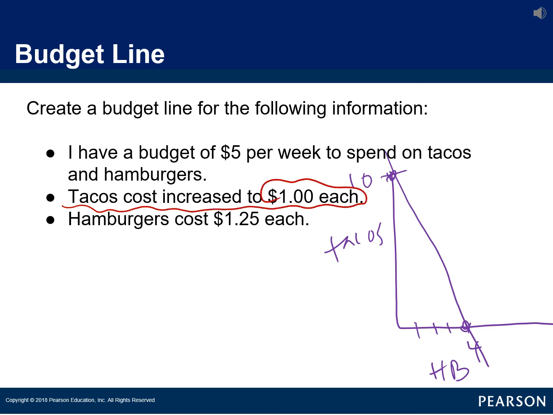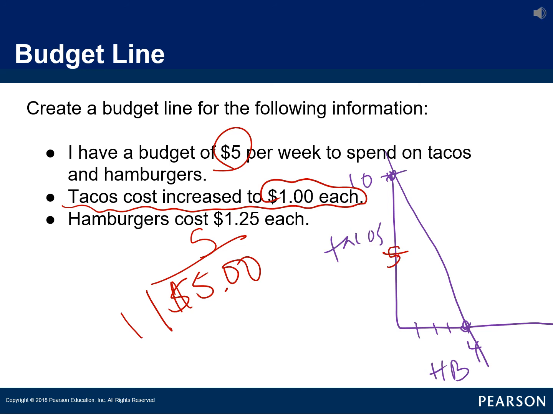So now we still have our $5 budget, but the cost increased to $1. So $5 divided by $1 is 5. So now we can only afford 5 tacos. So that's our new extreme point.